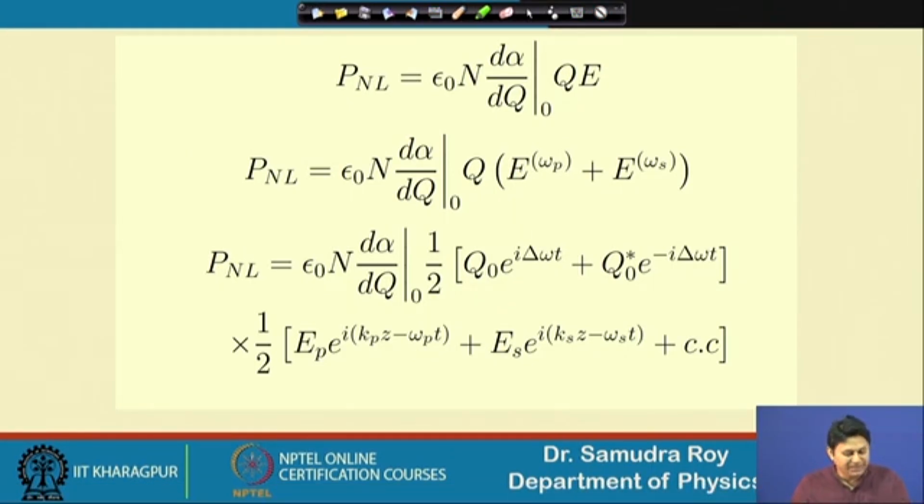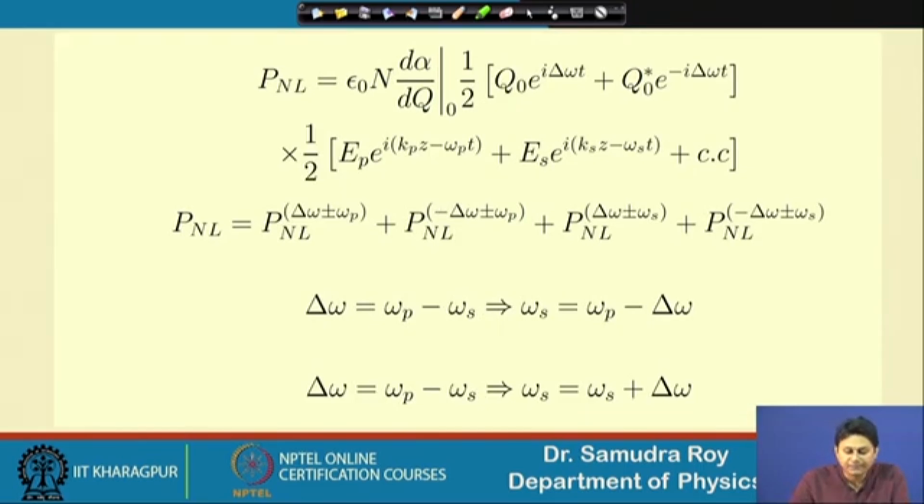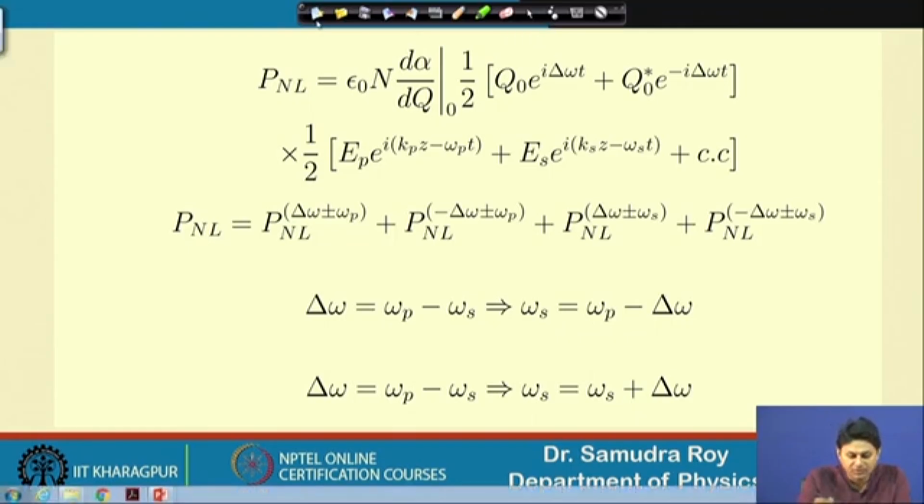Well, we know that P nonlinear is now having different frequencies. So, if I now start writing all these frequency components, we will have this amount of frequencies as we mentioned. So, again go back to the equation of P nonlinear, because P nonlinear we are now going to calculate, or we are already in the process of calculation. When we use the value of P nonlinear, it is epsilon 0 N del alpha del q, half of q 0 this quantity, and EP this and this.